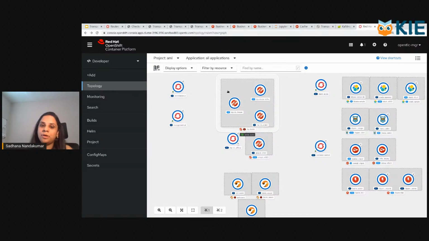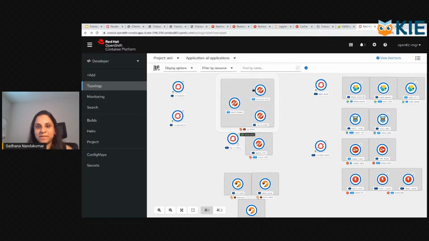As I mentioned earlier, the central part of this architecture is the event stream. That's going to be the backbone of this architecture, which is where we see Kafka coming into the picture. So we have AMQ Streams, which is basically our enterprise version of the Kafka offering. In this case, I have a 3-node Kafka cluster that I've deployed.